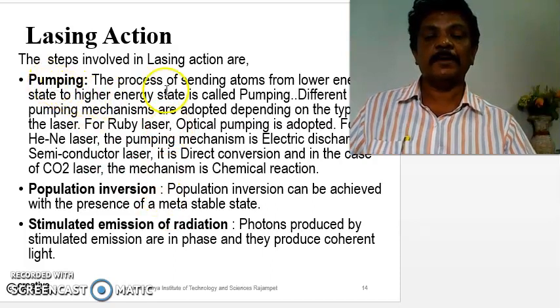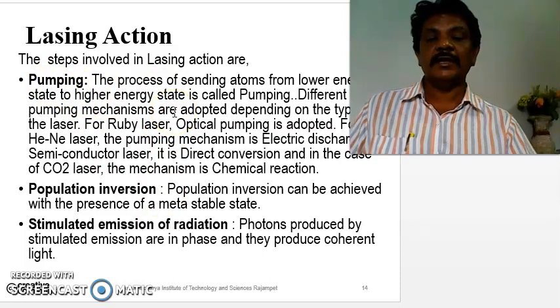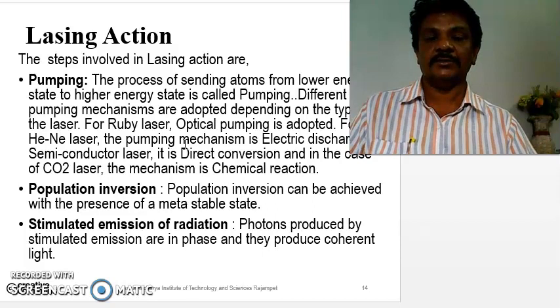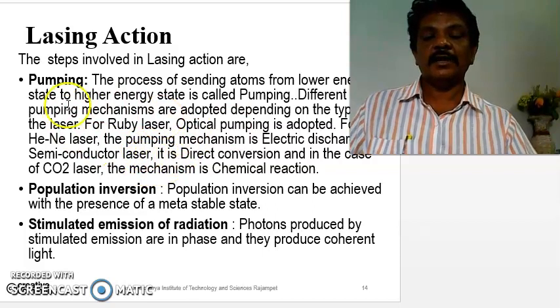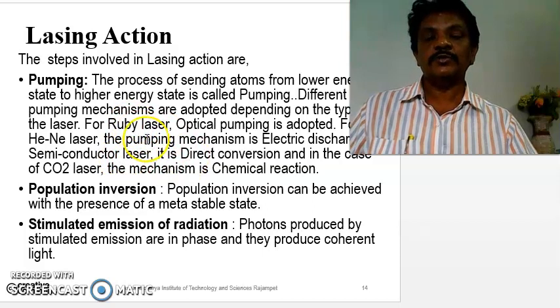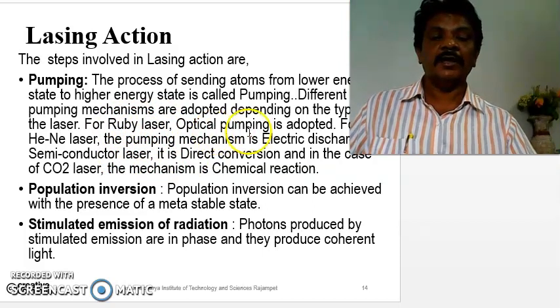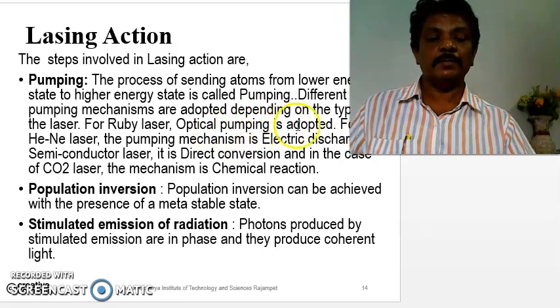The first step is the pumping process. First, select a material suitable for exciting electrons, moving more electrons to the excited state; that is called pumping. The pumping process may be of various types depending upon the material. The ruby laser is adapted with optical pumping, and the helium neon laser with electric discharge.